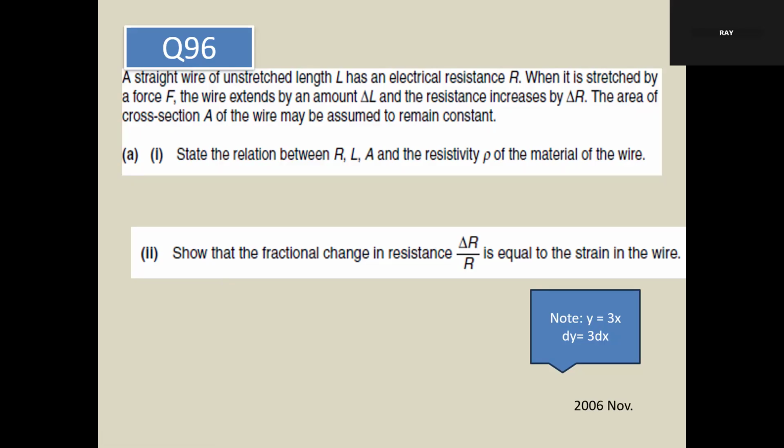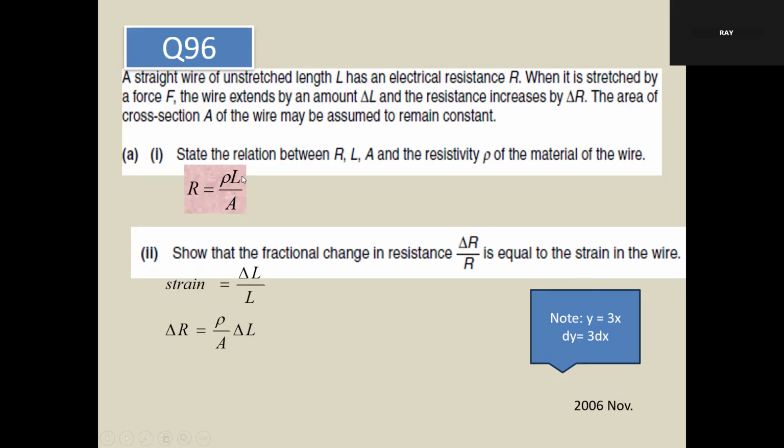R equals rho L over A. That's the formula, memory work only. Then the next part we just think of it as differentiation, right? Changing y to delta y, x to delta x. Strain is delta L over L. And this is rho and A constant.